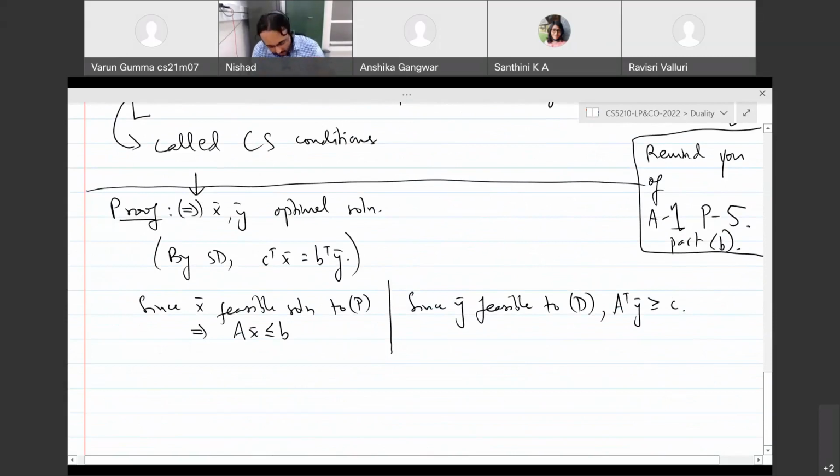I want to write this differently. Instead of A transpose, I want to have A, so I'm going to take the transpose on both sides. What that gives me is y bar transpose A is at least c transpose.